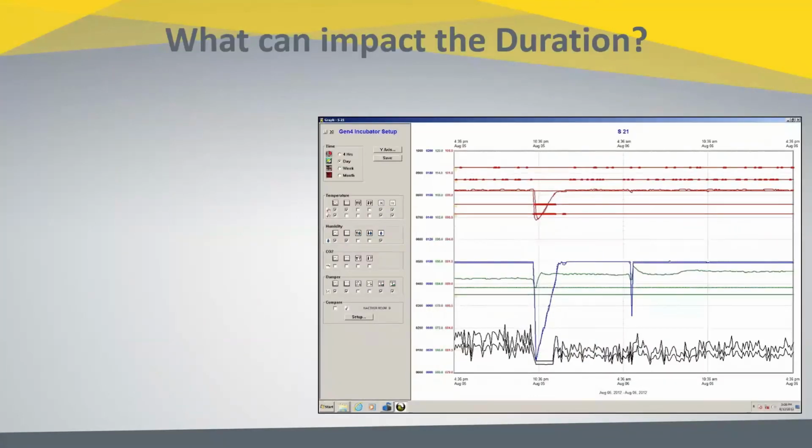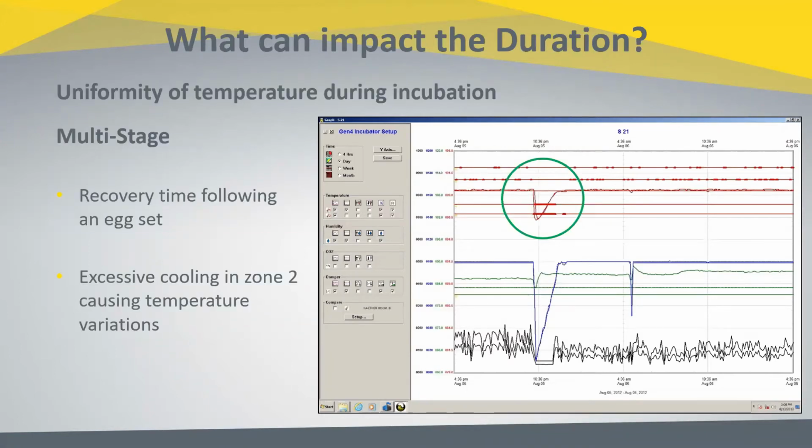So another thing that we see about impact of duration on uniformity is recovery time for warm-up, uniformity of temperature. So when we look at multi-stage, again, recovery time following egg set, when you see this in real time, that's roughly a little over a 3-hour complete warm-up time, and a pretty big temperature drop that occurred as a byproduct of egg set.